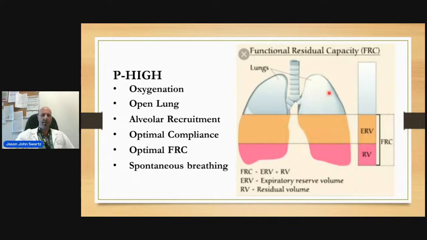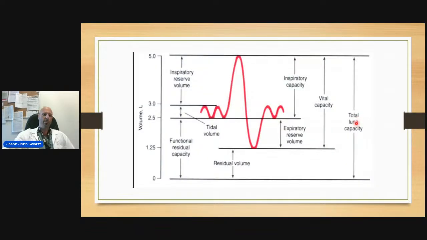You want just enough to recover the FRC and then leave room here for breathing, okay, with your inspiratory capacity. So another way of looking at this, we're trying to recover this, but still allow easy breathing with the inspiratory capacity here. If we go too aggressive with the P high, we're going to be over distending.